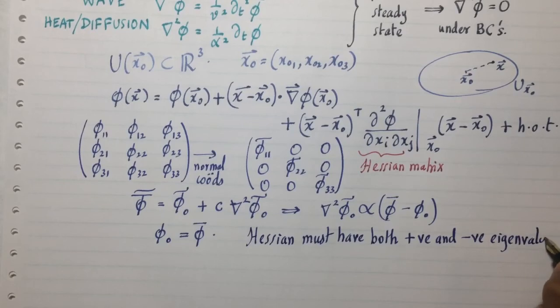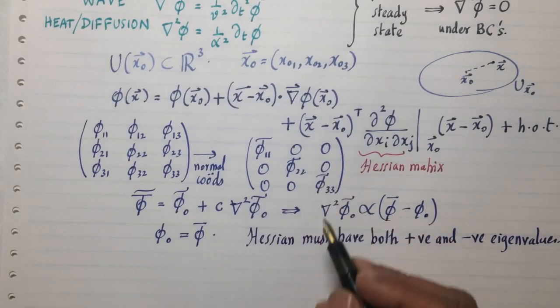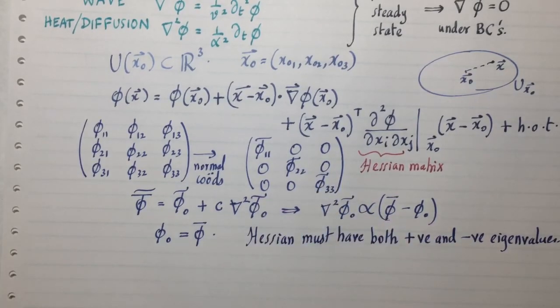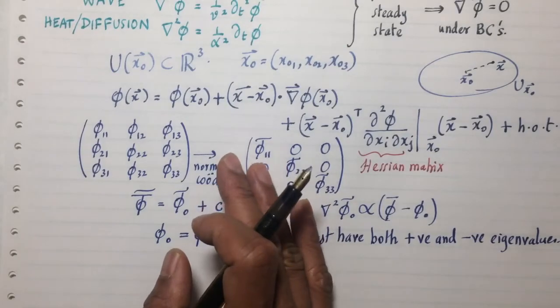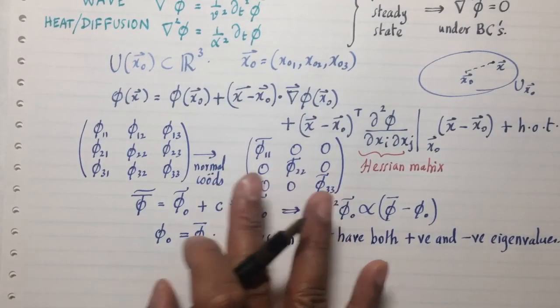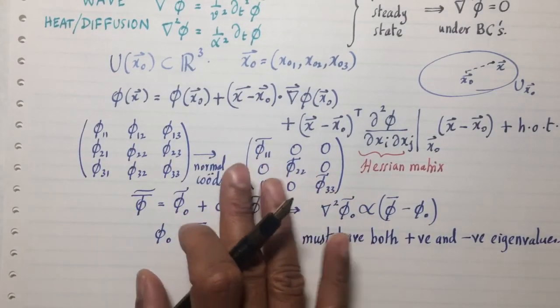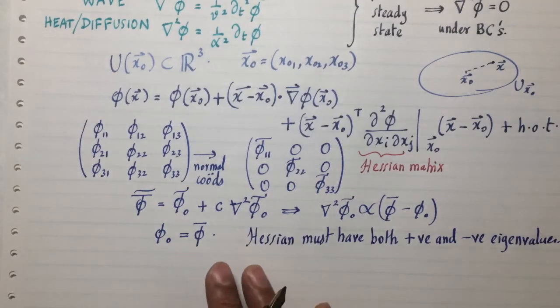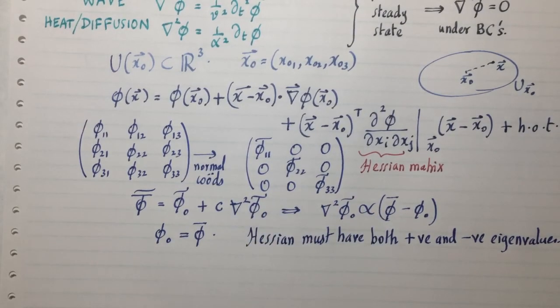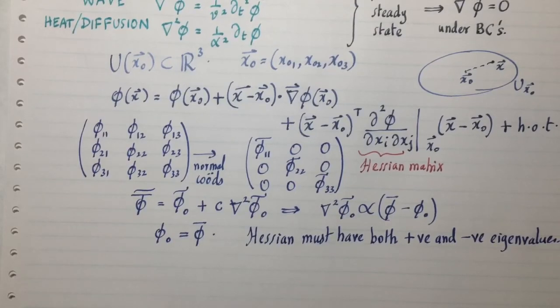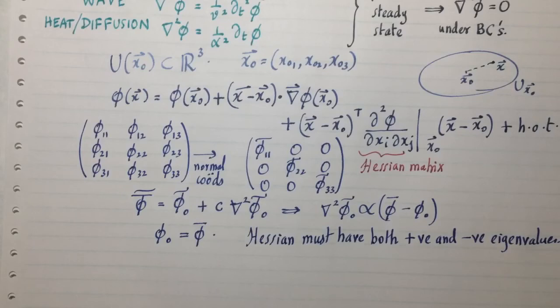So if you actually find the eigenvalues of this Hessian matrix, you'll find that in 3 dimensions it's got either 2 positive eigenvalues and 1 negative eigenvalue, or 1 positive eigenvalue and 2 negative eigenvalues. It cannot be all positive or all negative, because all positive will correspond to a maximum and all negative will correspond to a minimum. Well, those are some of the properties of Laplace's equation.